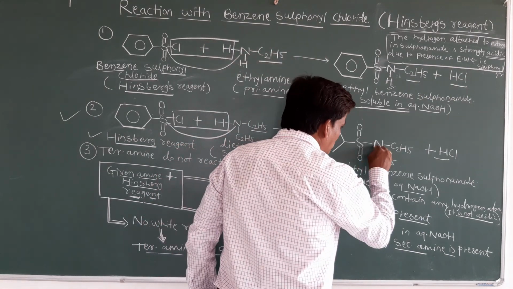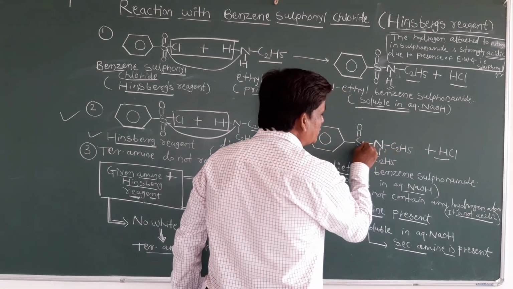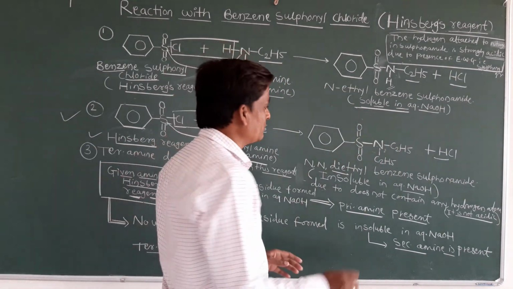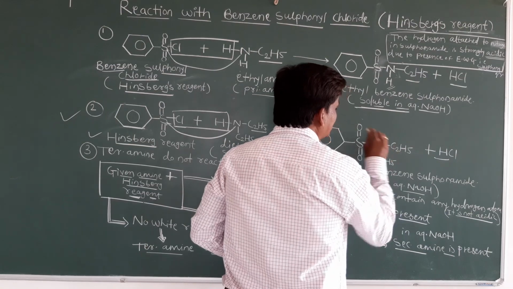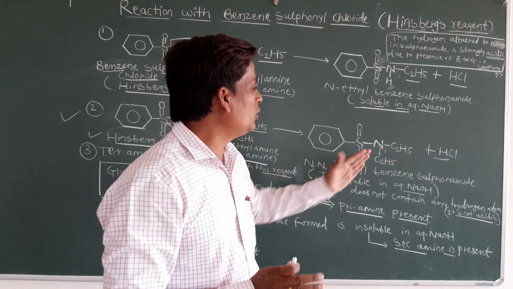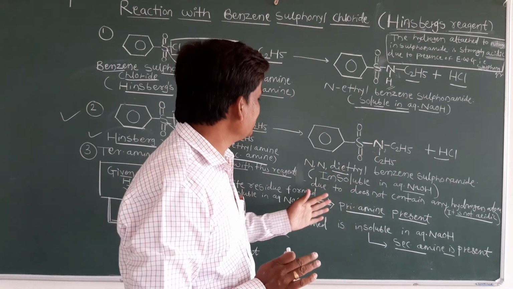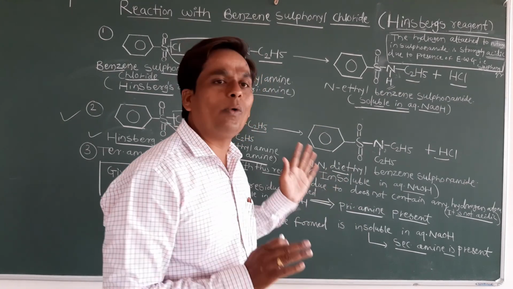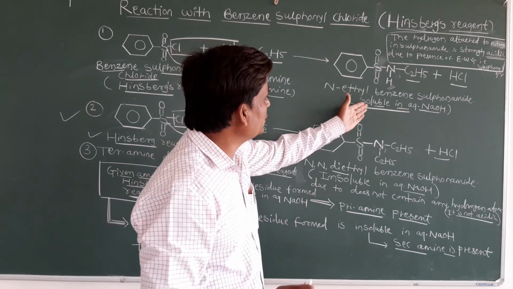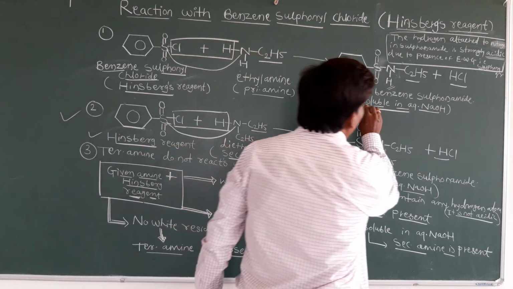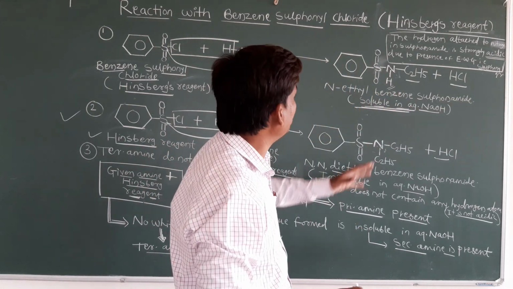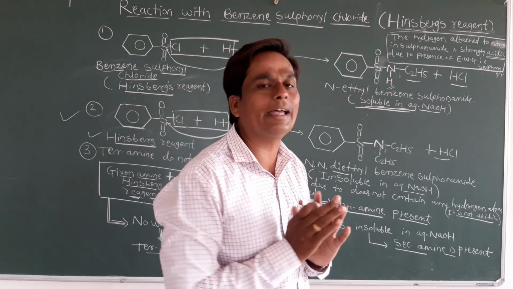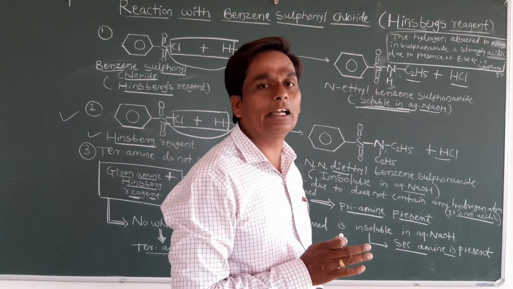Because this nitrogen is attached to this electron withdrawing group, and there is no hydrogen atom on it. The hydrogen atom is absent, and due to that it is not acidic in nature. That is the reason it is insoluble in aqueous NaOH, and it also gives a white residue. In the primary case it gives a white residue but is soluble in aqueous NaOH, because that nitrogen contains a hydrogen which is strongly acidic, being attached to the electron withdrawing group.